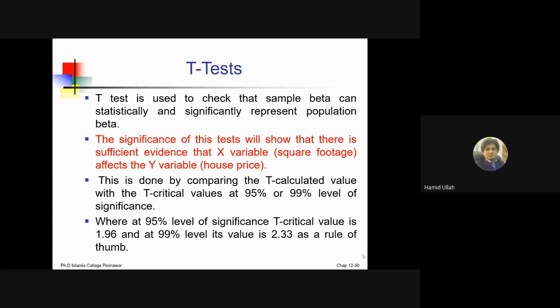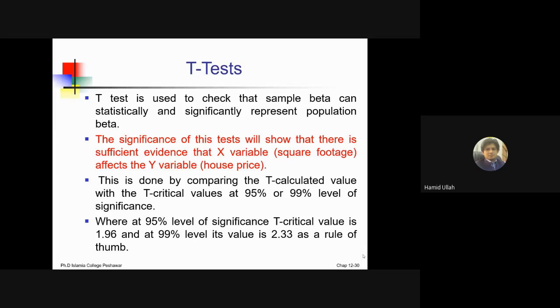So, let's have the t-test. What is the t-test, how to compute it, and how to interpret it? This is now our session. The t-test is used to check whether the sample beta can statistically and significantly represent the population beta or not. This is what I discussed earlier. The significance of this test will show that there is sufficient evidence that the x variable affects the y variable.